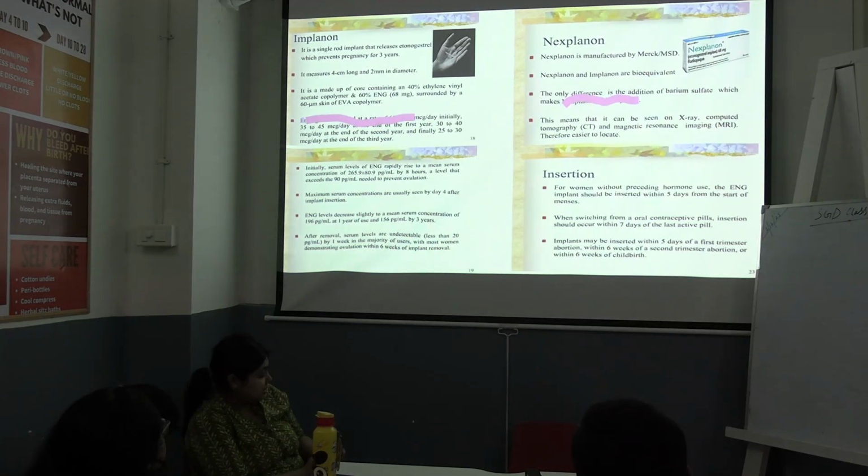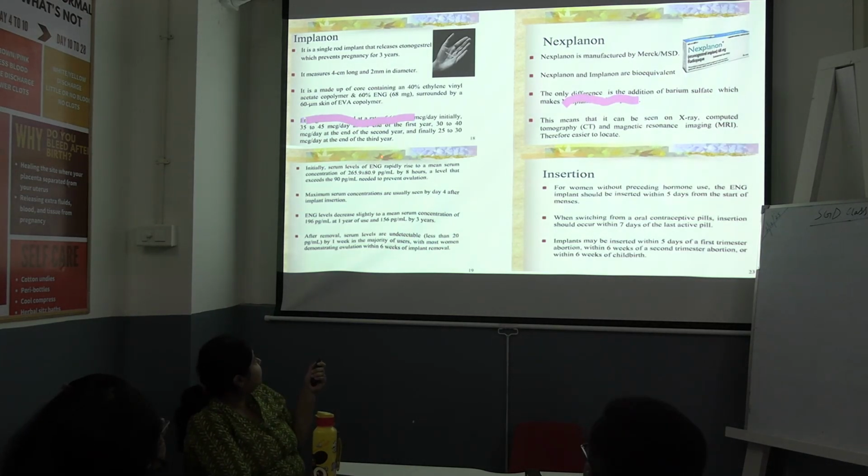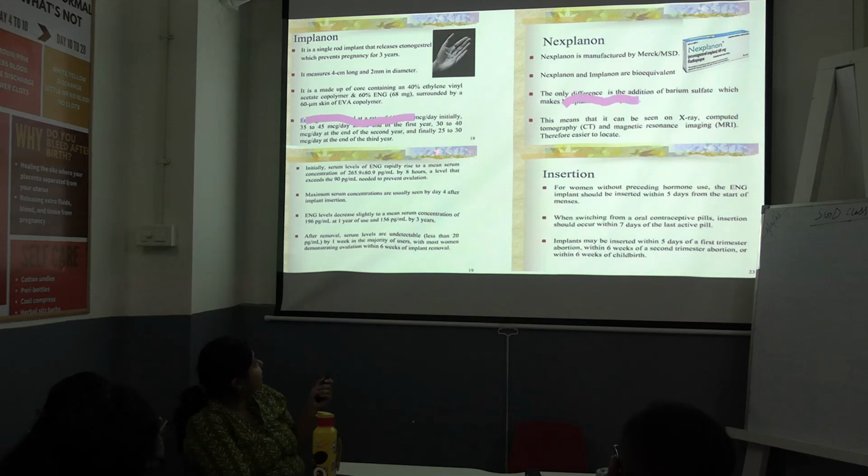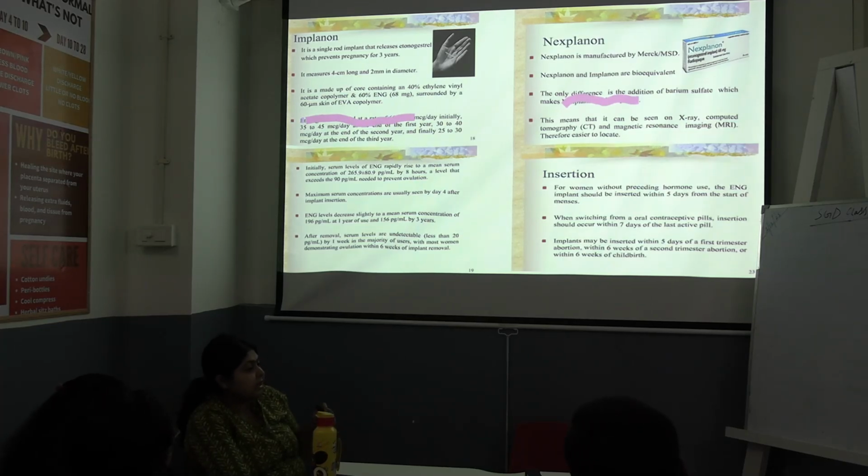Initially, the serum levels of etonorgestrel rapidly rise to a mean serum level of 265 picogram per ml within 8 hours. That is far above the level of 90 picogram per ml, which is needed to prevent ovulation. This means etonorgestrel is so potent that within 8 hours it reaches such a peak level in your blood that it can prevent ovulation.